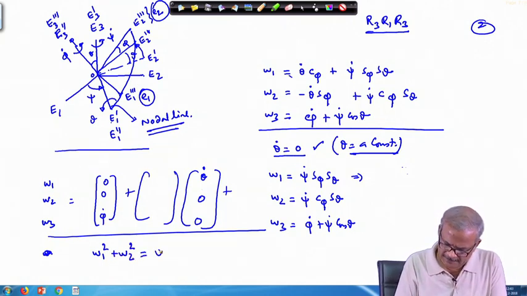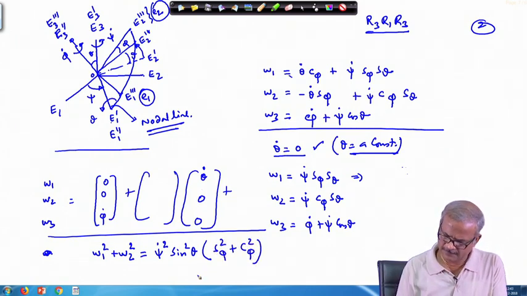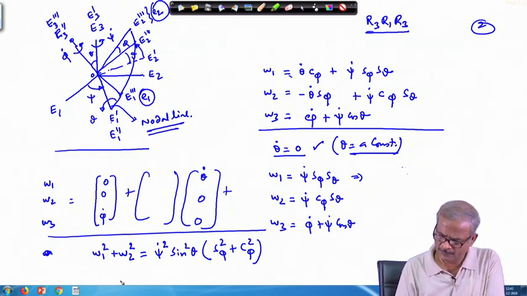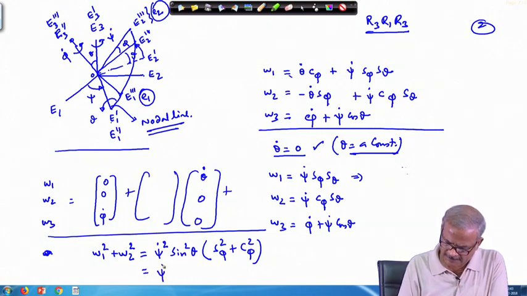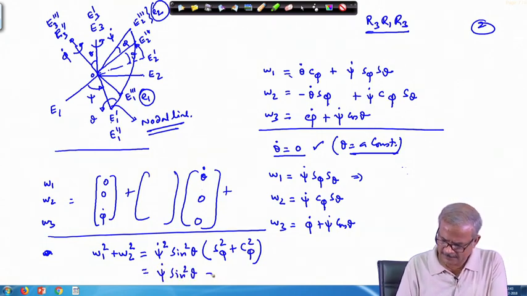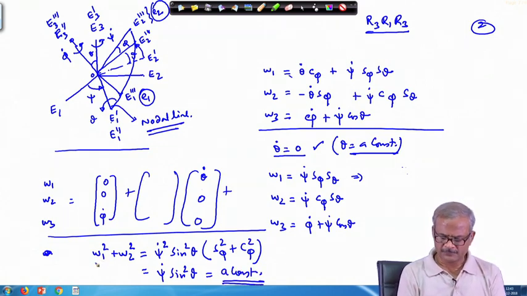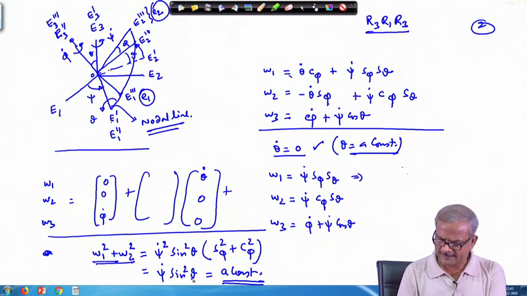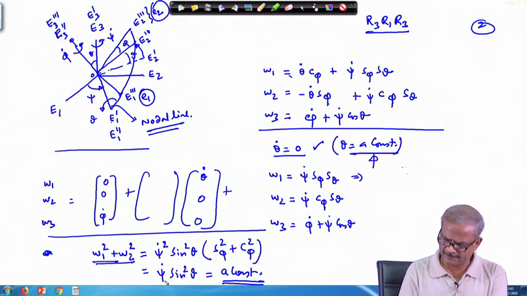From this we get psi dot square common, sin square theta also common, and you will have sin square phi and cos square phi. So, this is nothing but psi dot square sin square theta, and this is a constant as per our earlier working. On the right hand side theta is a constant as we have worked out earlier. So, psi dot must be a constant.